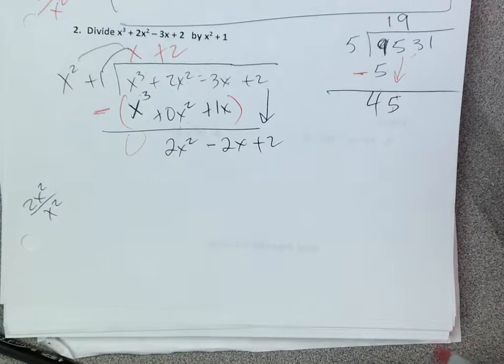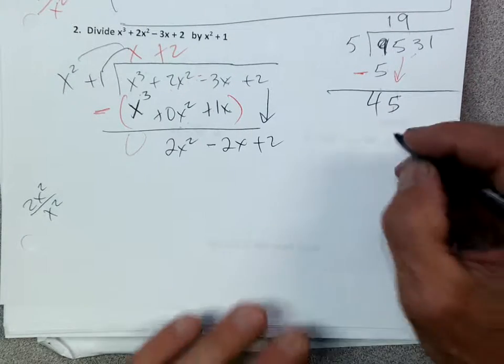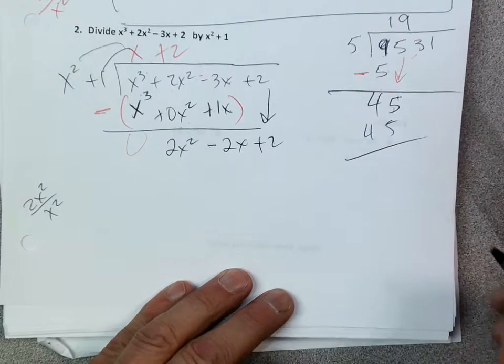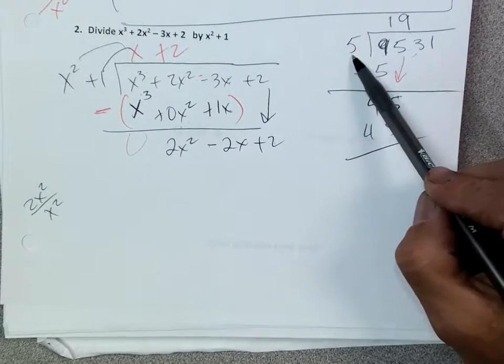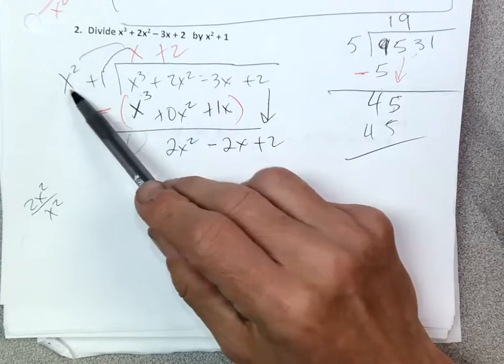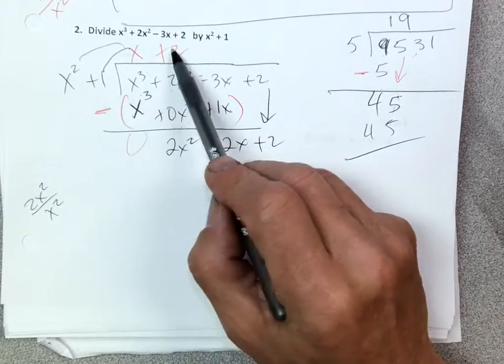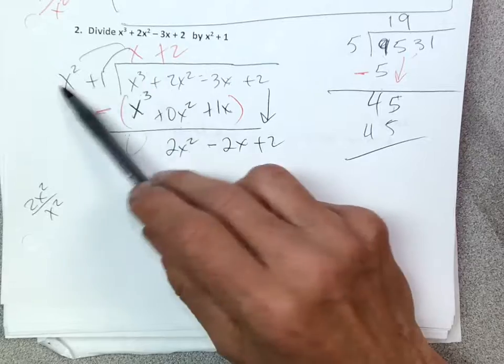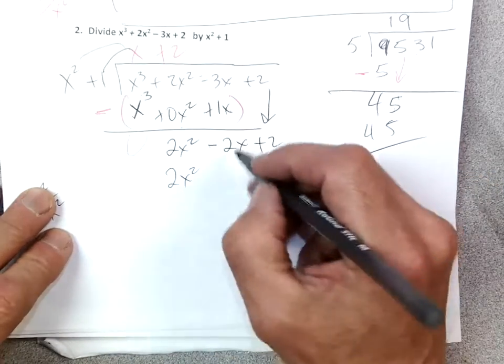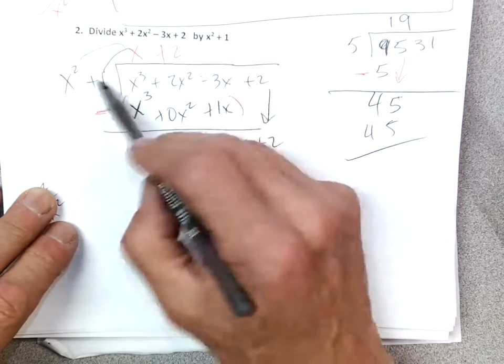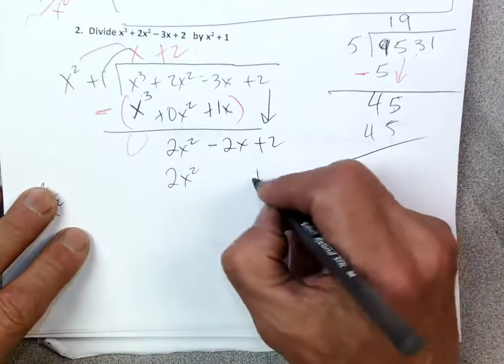Then, just like I did back in 6th grade, 9 times 5 is 45, and then I'll subtract. I'll do the exact same thing: 2 times x squared plus 1 makes 2x squared, plus a 2. Sorry, plus a 2, my bad. So I'll put the plus 2 here, okay?